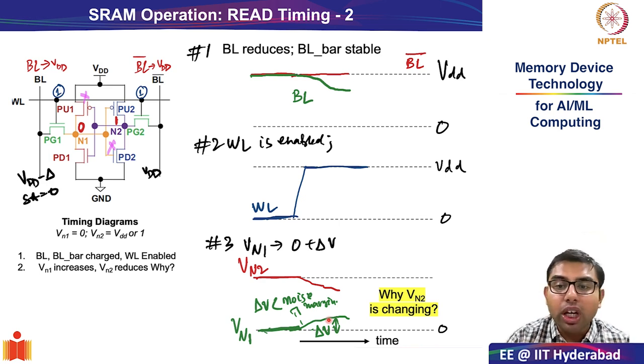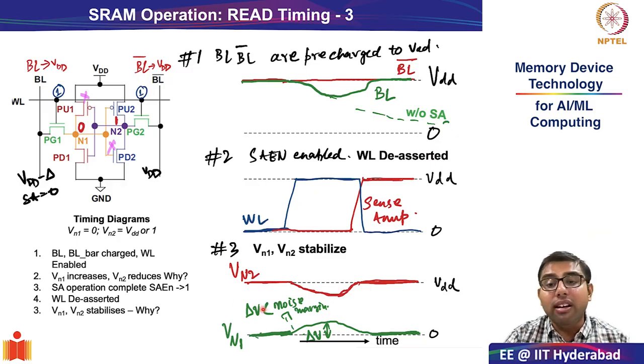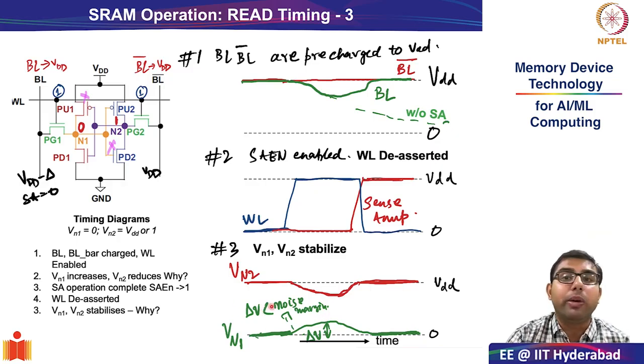And this is what we see in the next graph. We see that these voltage nodes N1 and N2 are kept under control, so that they do not flip, because the delta V, by virtue of the cell ratio, was kept below the noise margin.